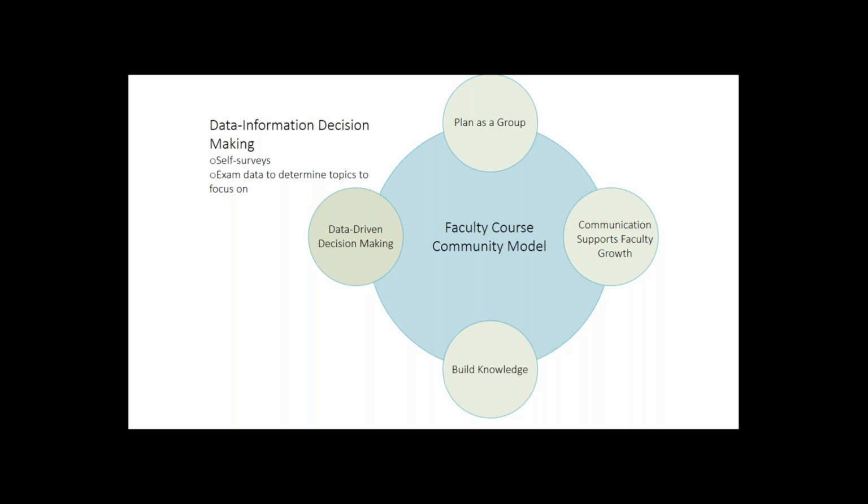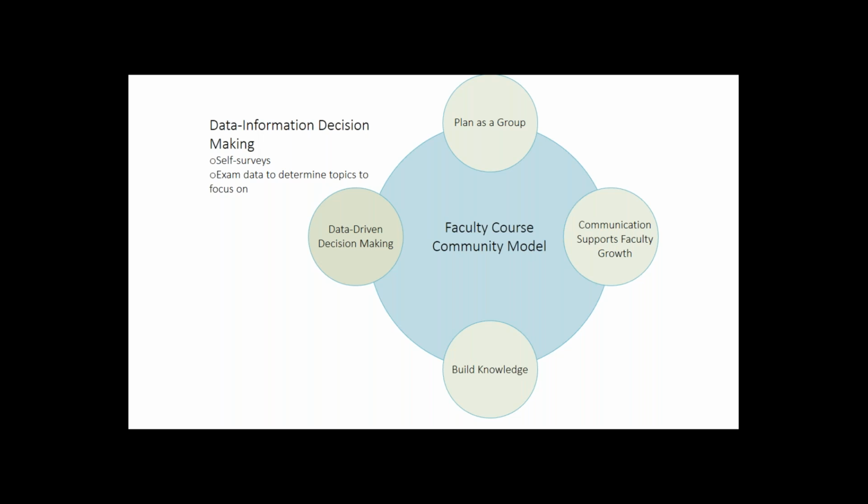But information about which particular questions people were having problems with was not given out to each faculty member. And now it is starting to be given out. The faculty were also asked to fill out self-surveys every 2 weeks throughout the course, and that allowed us to see where we were having particular issues with the implementation of the active learning.